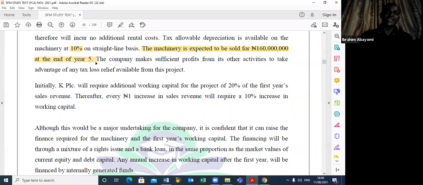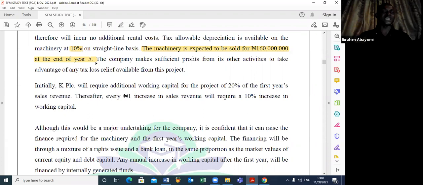But let me state it this way. The machinery is expected to be sold for 160 million naira after tax. Very key. The key word here is what? After tax. The moment you hear that sales proceed is after tax, please, you are not computing balancing adjustment, because it means the effect of the balancing adjustment has already been taken care of.